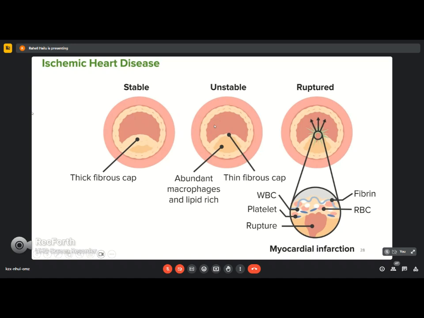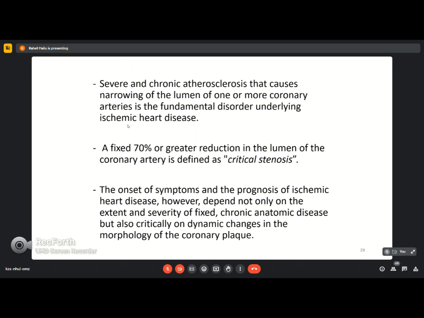In the unstable one, you can see acute myocardial infarction as a result of rupture and sudden occlusion of the vessel. Another acute complication in the case of a ruptured, unstable plaque is acute myocardial infarction. But for the stable one, where there is not a lot of critical stenosis, you wouldn't expect much symptomatic disease, but the progression can result in chronic ischemic heart disease.